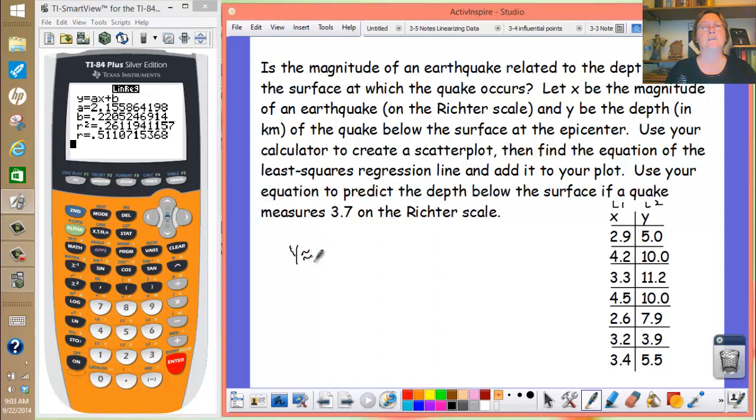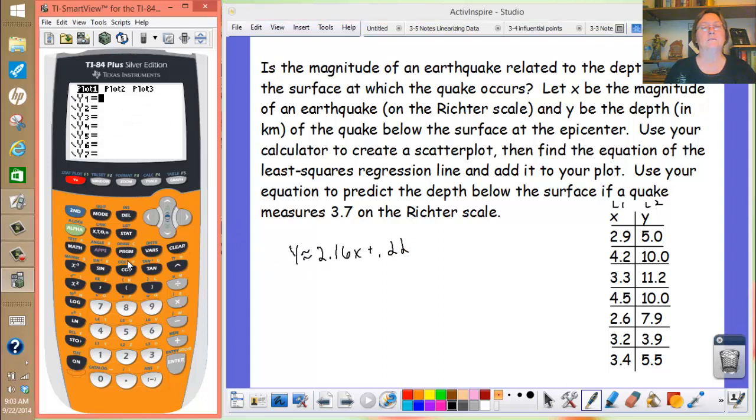Y is approximately equal, I'm going to round to the hundredths place here, 2.16x plus 0.22. To paste that into the y equals so that we can see it with the plot, clear out that y equals, it's vars, number 5 for statistics, over, and choose reg EQ.